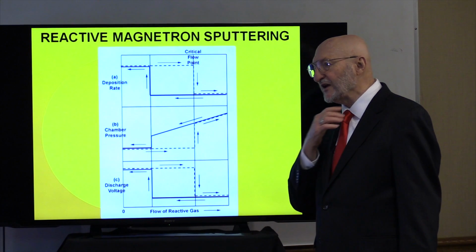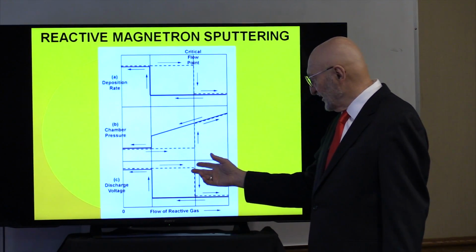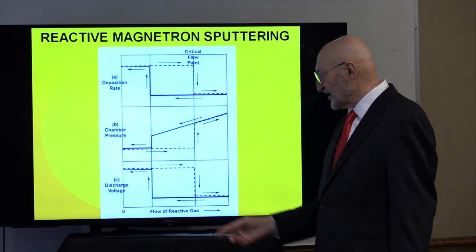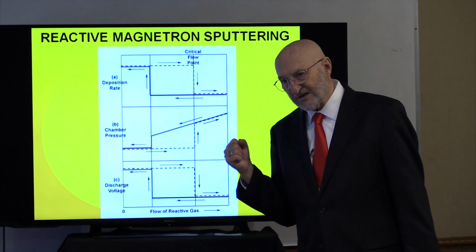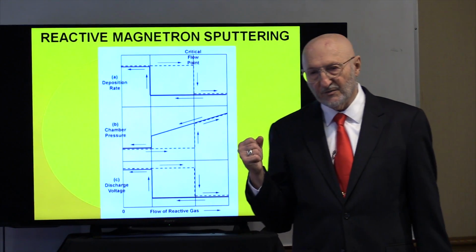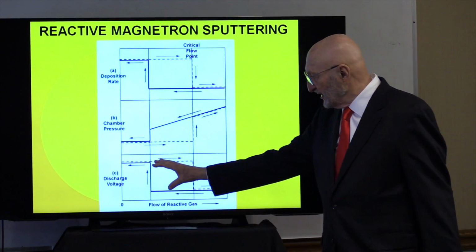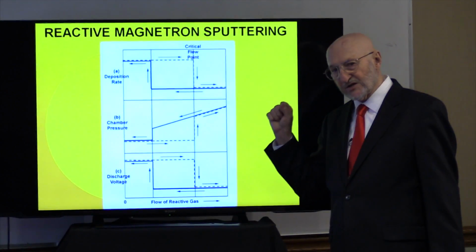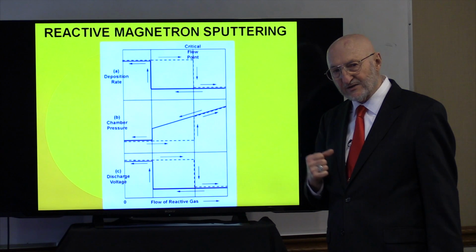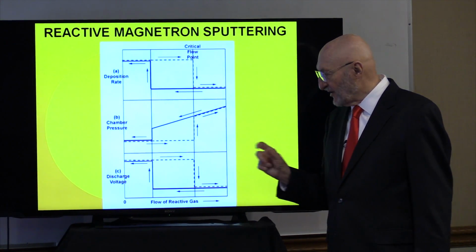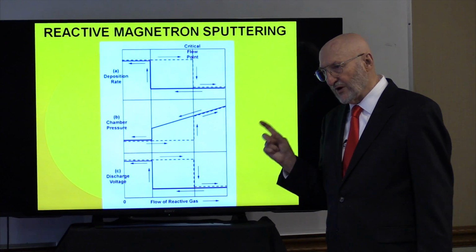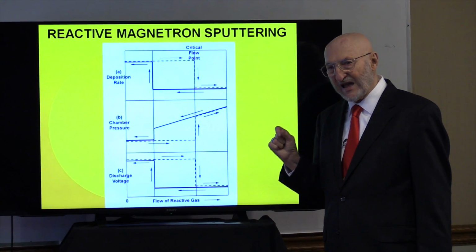When the fellows from Advanced Energy were here, they were talking about this and saying, we can sense when the target's poisoning by the voltage, and so we can use that as our signal to control the reactive gas flow. However, the reactive gas flow has to be very fast.